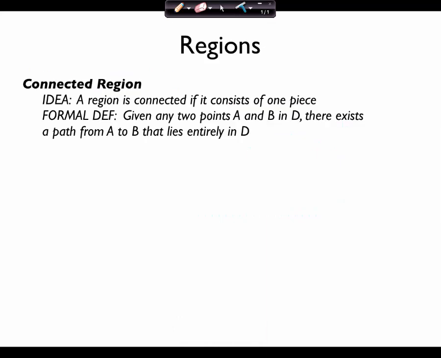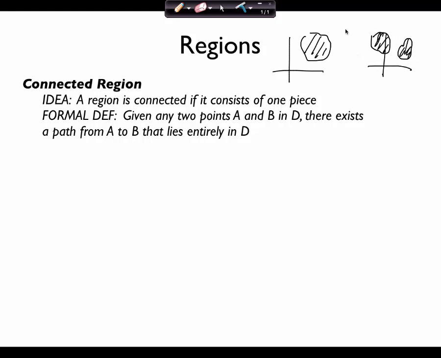All right, so we've got to talk about regions now. The idea of a connected region is that it consists of one piece. Non-connected means, if that's all one region and it's in two pieces, then it's non-connected.